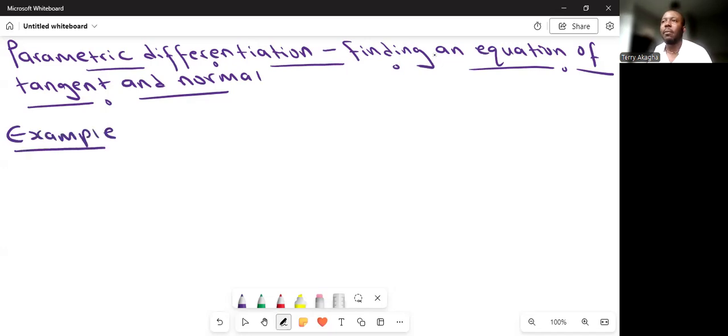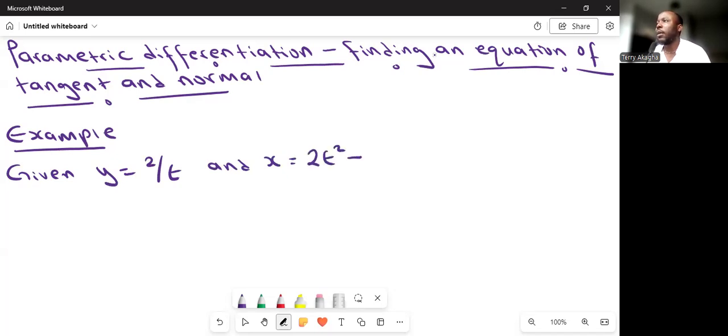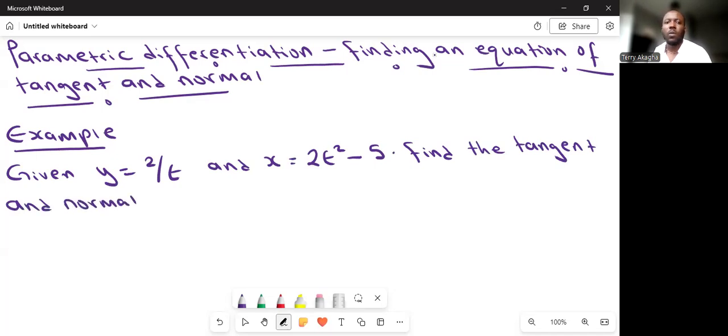Given y is equal to 2 divided by t, and x is equal to 2t squared minus 5, we're now told to find the tangent and normal to the curve at the point (1, 2).